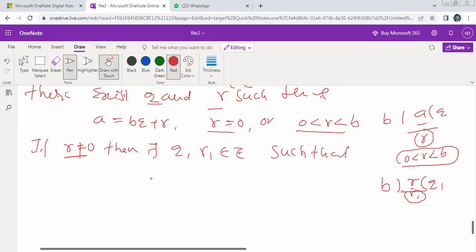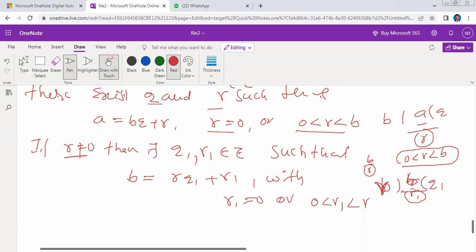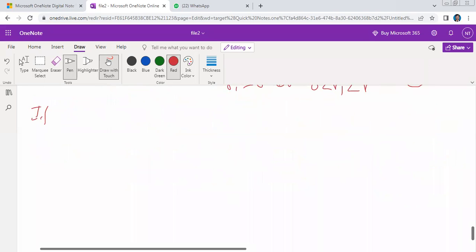This is b, this is r; since r is not equal to 0, r is in the denominator. Can anybody tell me how to write this? b is equal to r q1 plus r1, with either r1 equal to 0 or 0 less than r1 less than r. I can derive one beautiful relation here.